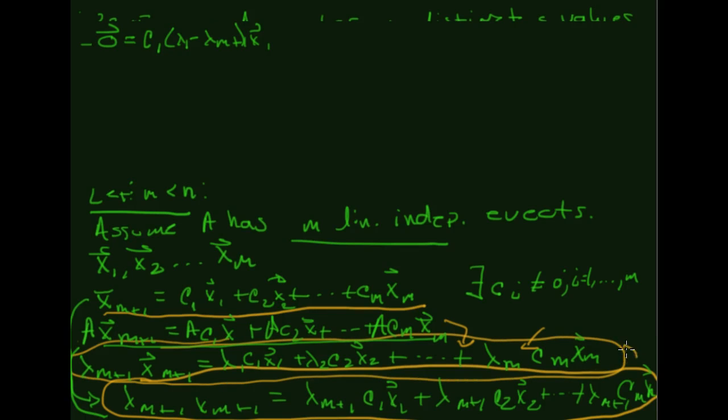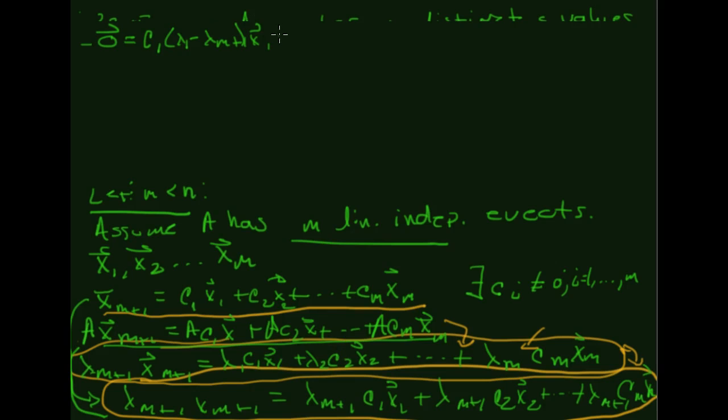and the one below it are the two key equations that are going to allow me to do what I'm doing up here. Because if I subtract these, this is the same as this, so that's going to give me the 0 vector. I can pull a c1 out. Here I have lambda 1 minus lambda m plus 1 times x1.